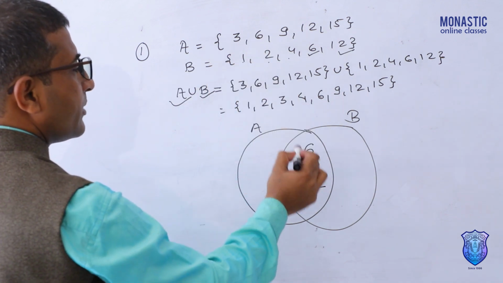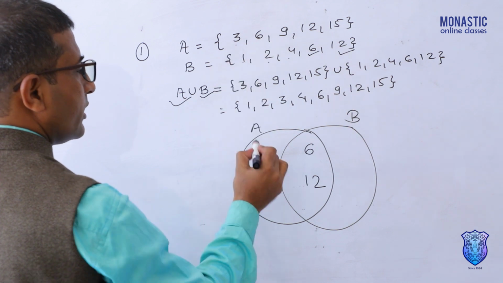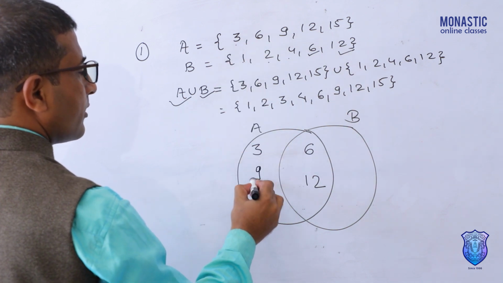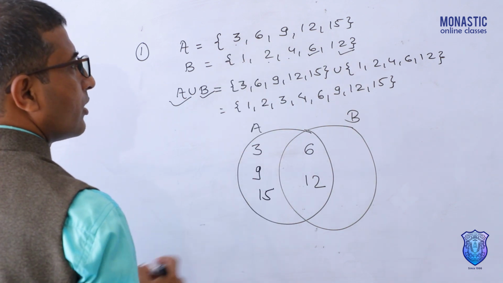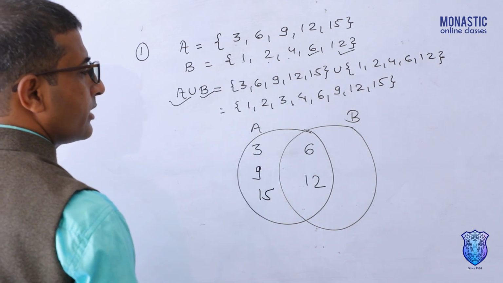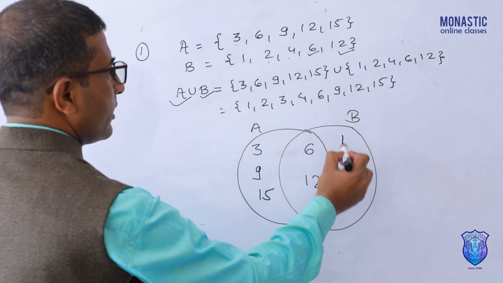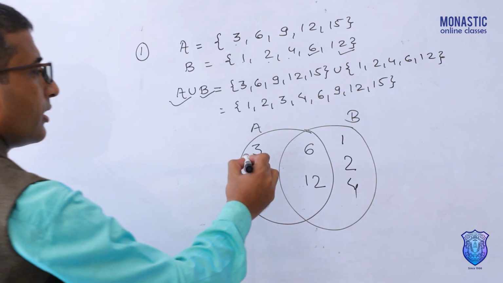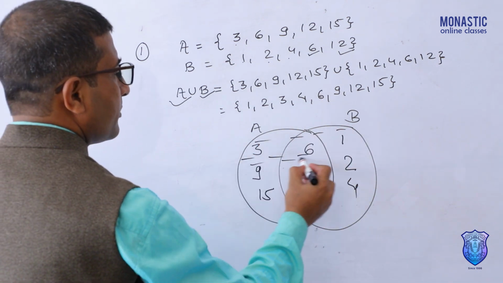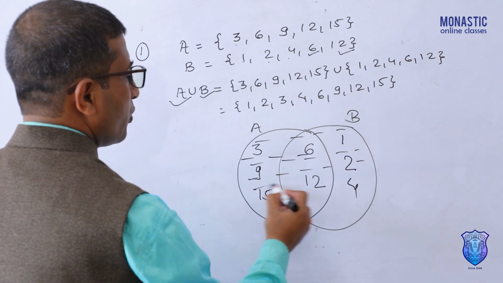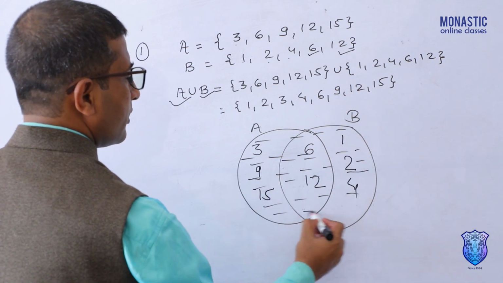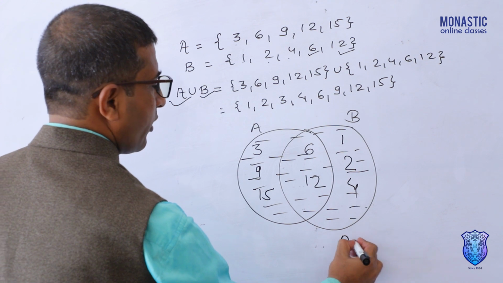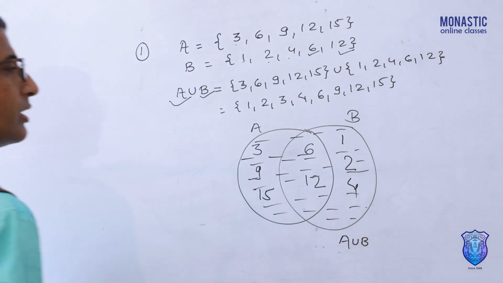The remaining elements in A are 3, 9 and 15. What are the remaining elements in set B? That is 1, 2, 4. If we are showing A union B, shade it like this and write below A union B.